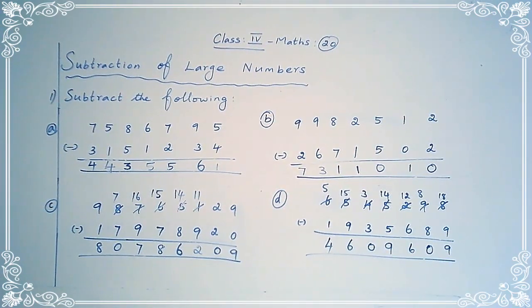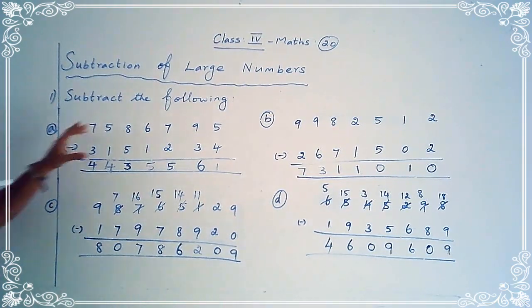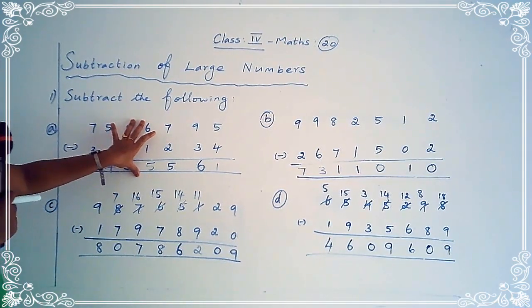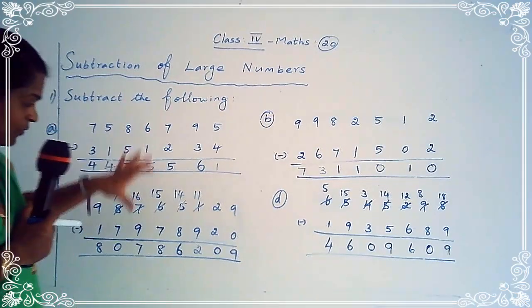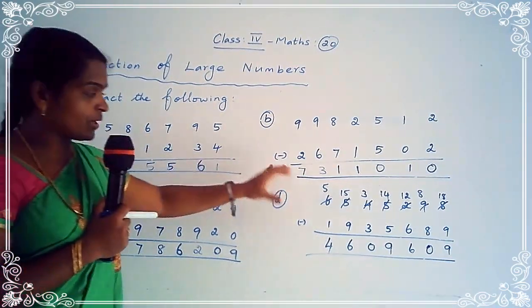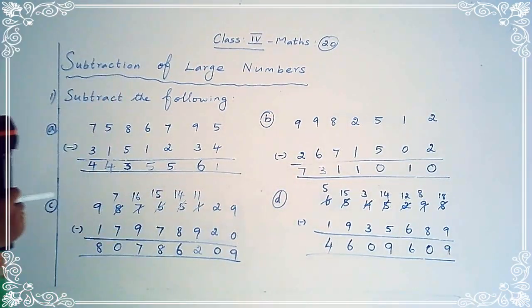Now you write the first question, A part. Then after you write B part, then C part, then only you write D part. Write one by one.